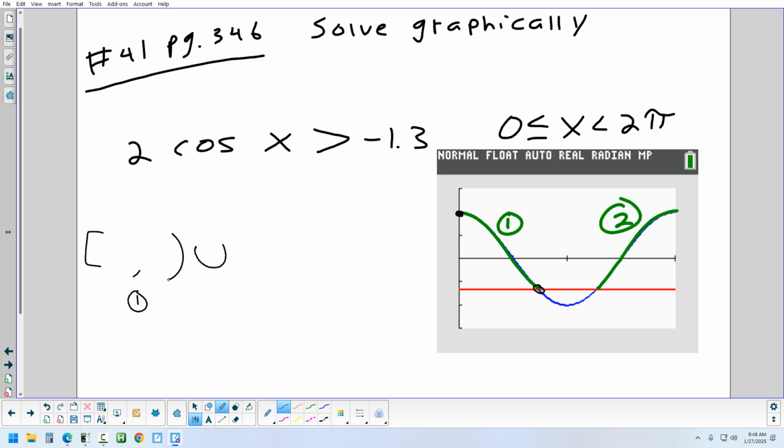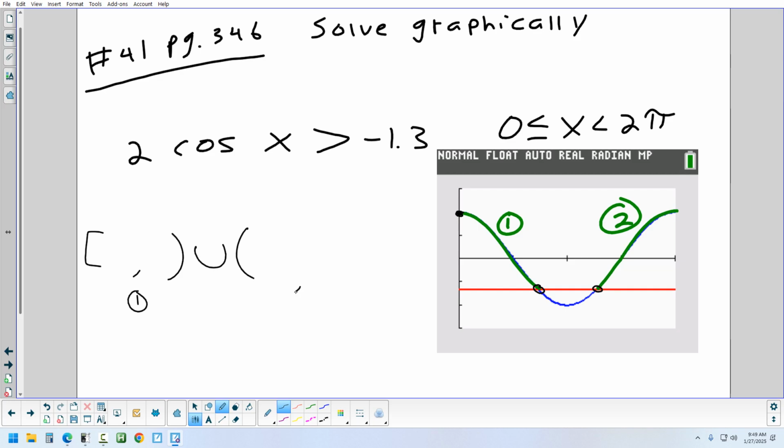Include or not include the start point for interval 2. What do you think? Maddie, what do you think? We can't include it. How come? Because it won't be above it, it'll be on it. Right, we cannot be on it. We have to be above the red line. So not include.